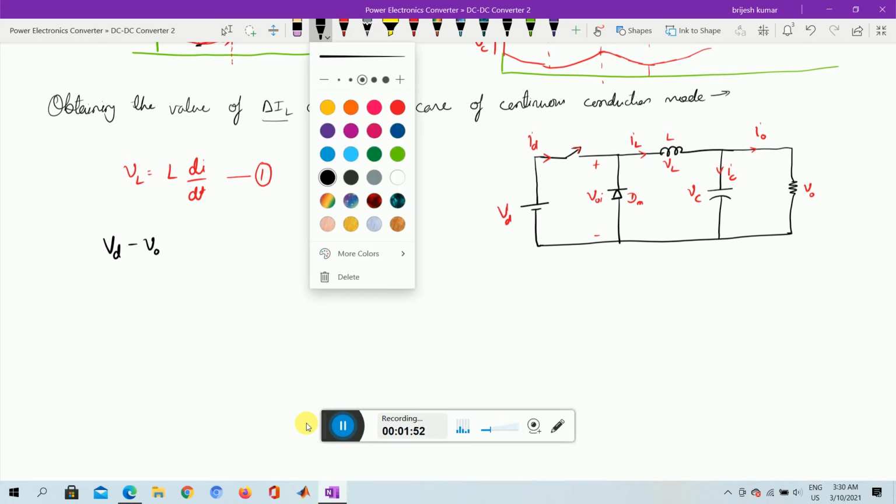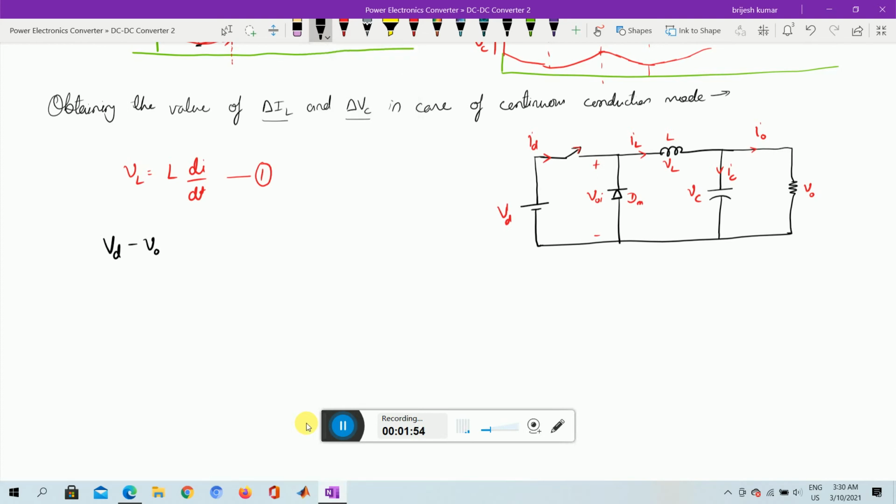VL is Vd minus V0, which is equal to L di by dt. Di is delta IL divided by dt, which is on for the duty cycle d times Ts. So we can get this relation on time.